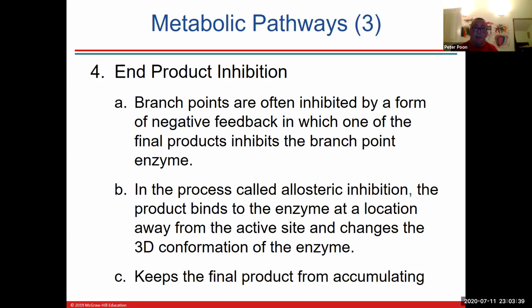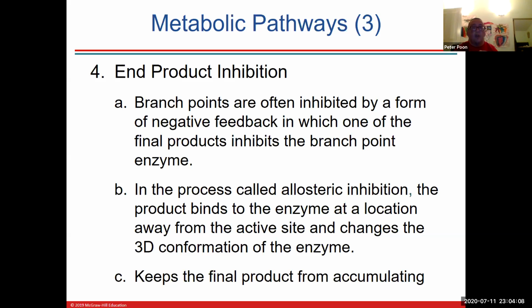One of the things we learned was homeostasis and negative feedback. End product inhibition is the negative feedback mechanism for enzymes. One of the things you probably understand is cellular respiration. We burn sugar and turn it into ATP.